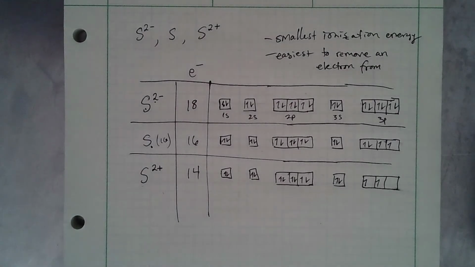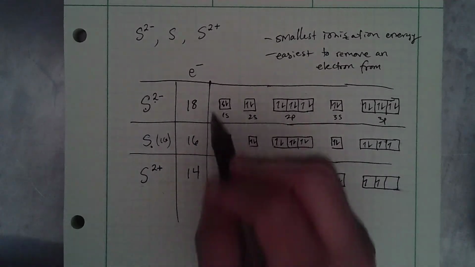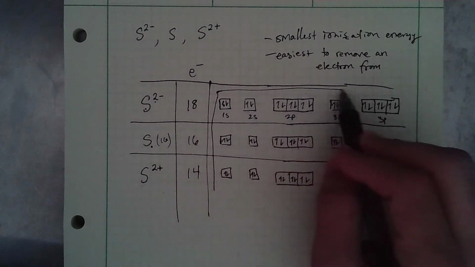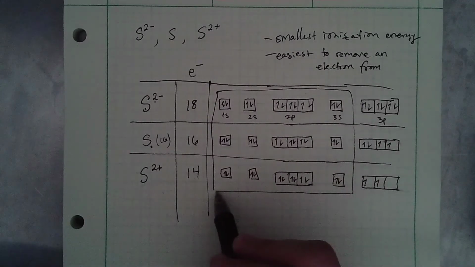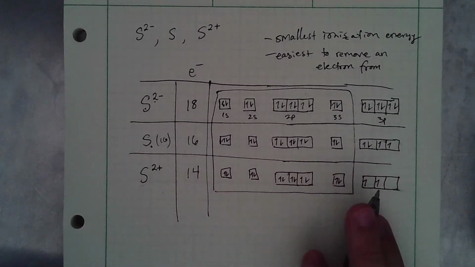Okay. So one thing I want us to notice is that in all 3 cases, the electron configurations that I've boxed in over here, 1s through 3s, are identical.